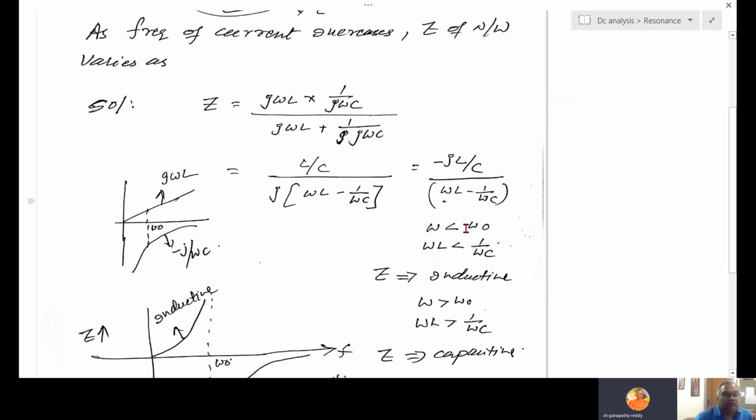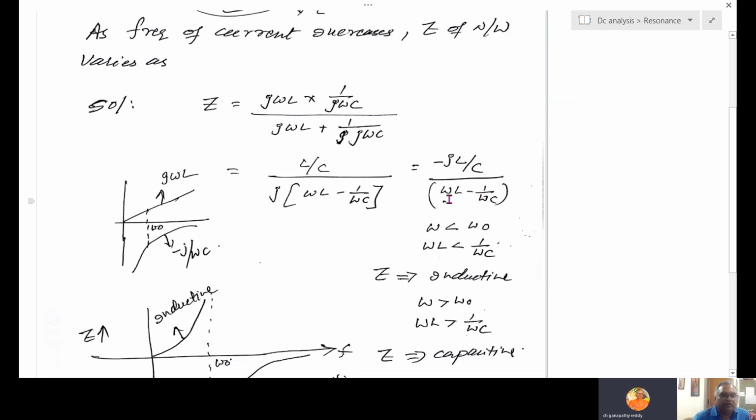Now if frequency is less than omega naught, omega L value will be less than 1 by omega C. For a lower value, omega L is less, but 1 by omega C is more. If this is more, the difference is negative, na?